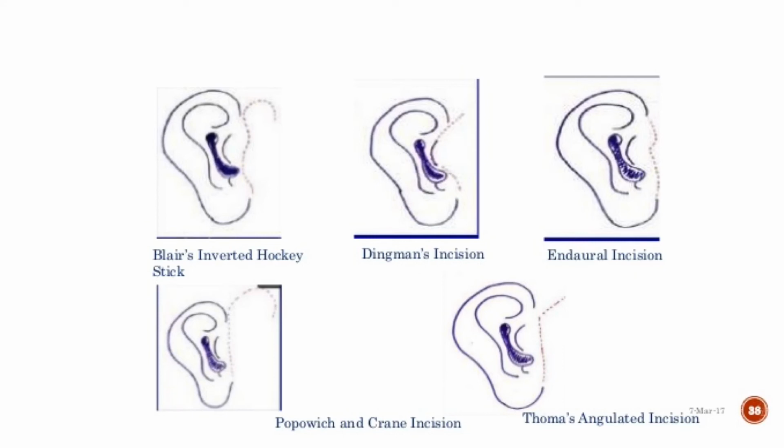Other modifications of the preauricular incision are Blair's inverted hockey stick incision, Dingman's incision, endaural incision, Popowich and Crane incision, and Thoma's angulated incision.